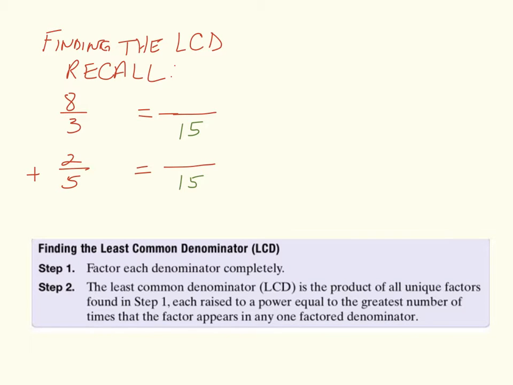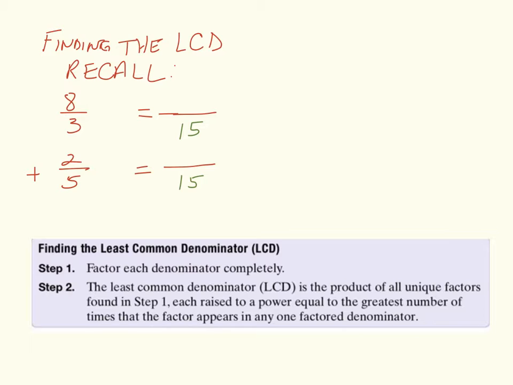Now, let's find the LCD. To find the LCD, you factor each denominator completely. Okay, that's the first step.